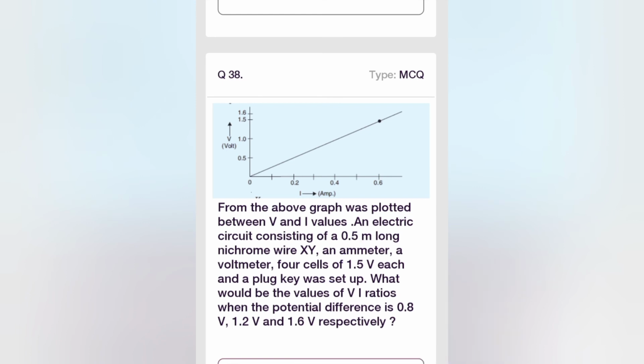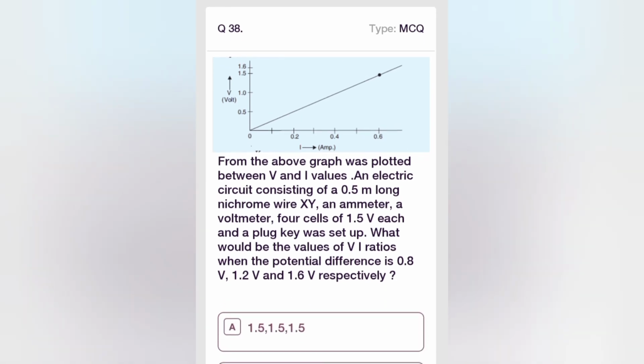Considering this 0.5 reading, and for 1 this is the reading, V by I is going to be 0.5 divided by 0.2.